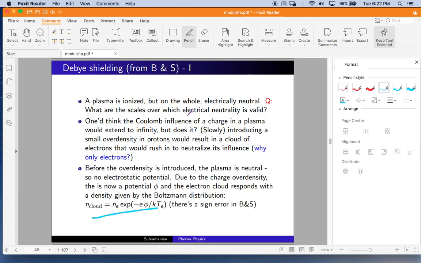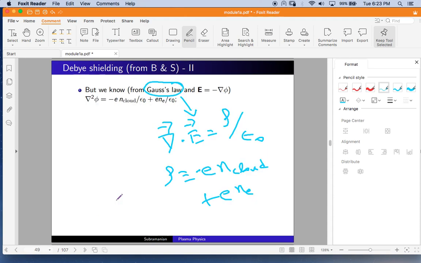You just put in phi equals 0 here, and so the charge density before the introduction of this potential, before the overdensity was introduced, when the plasma is totally neutral, is just the electron n_e, and that's compensated exactly by the positive charges. So in total, the right hand side will be 0.